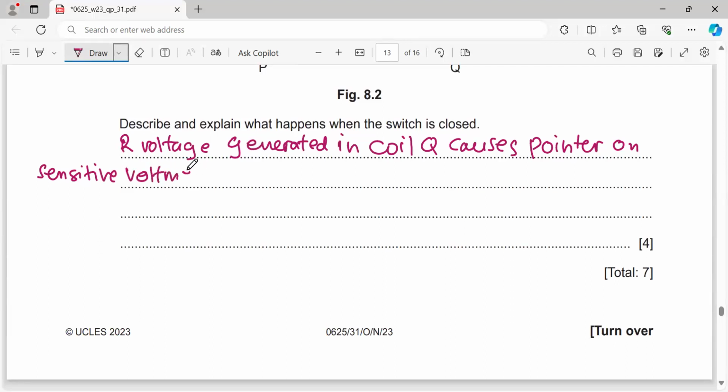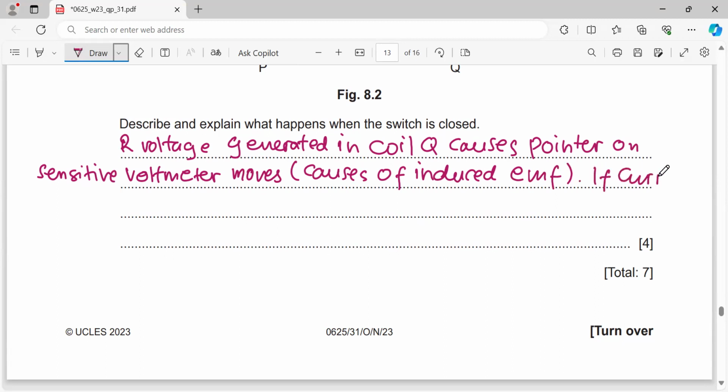There is a voltmeter on solenoid Q. So the pointer moves because of EMF induction, electromotive force.